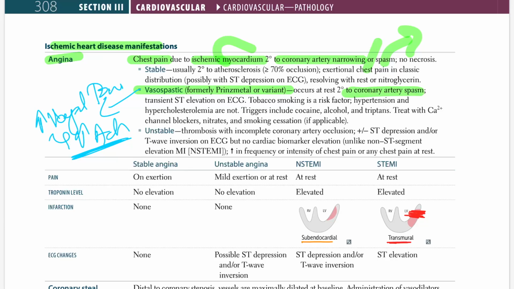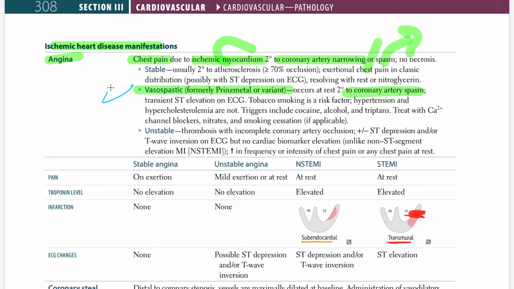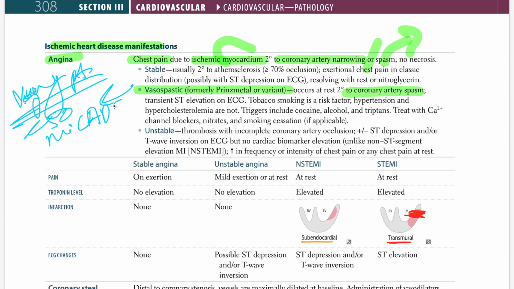One more important point for this Prinzmetal is that you will see this in a young patient, okay, a young patient less than 50 with minimal coronary artery disease risk factors, meaning there won't be many risk factors, and on top of that, this patient will have recurrent chest discomfort, and it's going to occur at rest, especially at night.